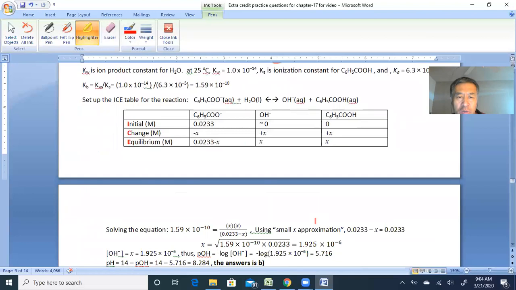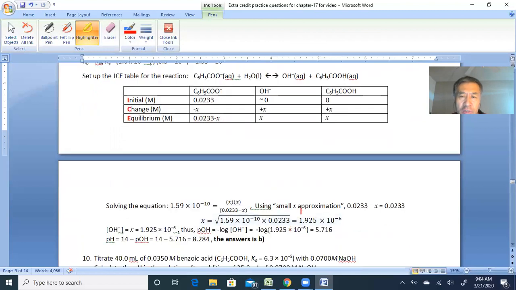Next, we will write the equation for the Kb, and then we plug in x for the two products and 0.0233 minus x for the reactant. Then we can use the small x approximation because this Kb is so small. That means 0.0233 minus x equals 0.0233, so this equation becomes simpler to solve.